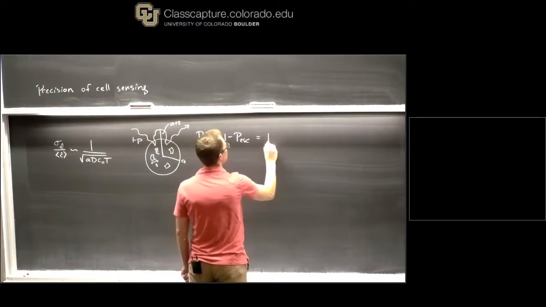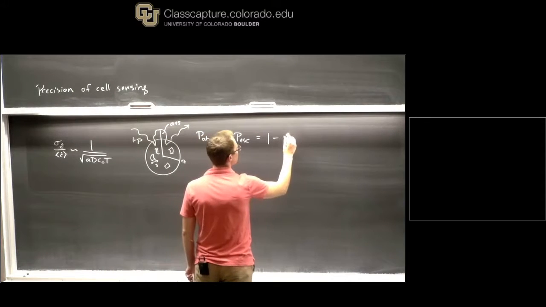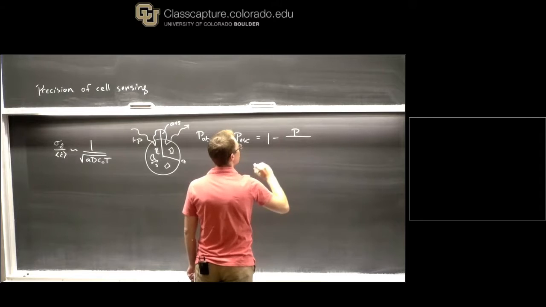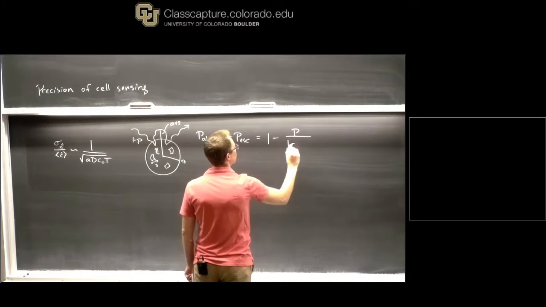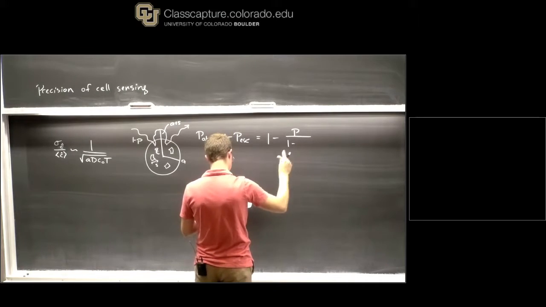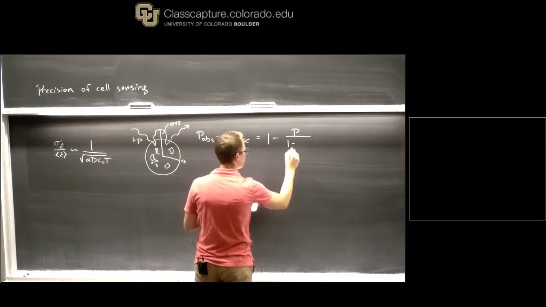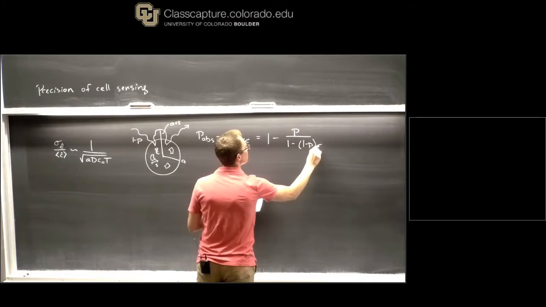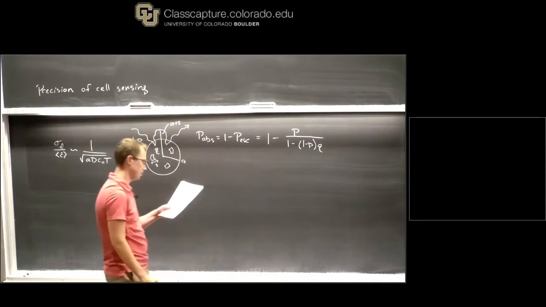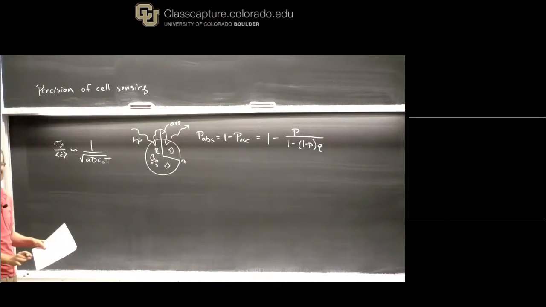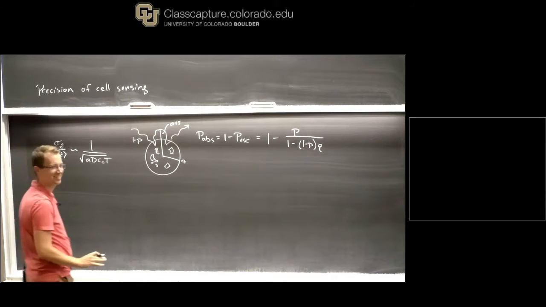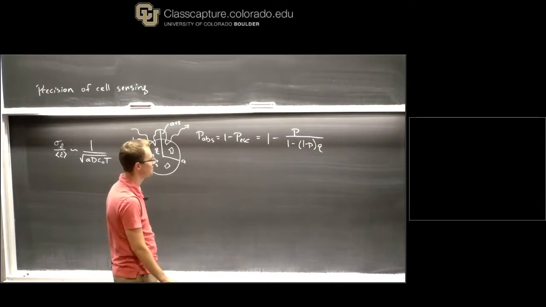And the result of the geometric series was, I believe, p over 1 minus quantity 1 minus p times q. Yeah, sorry, I have it backwards from my notes as I mentioned last time, so I hope this is okay. Or at least it's consistent with what I wrote last time.